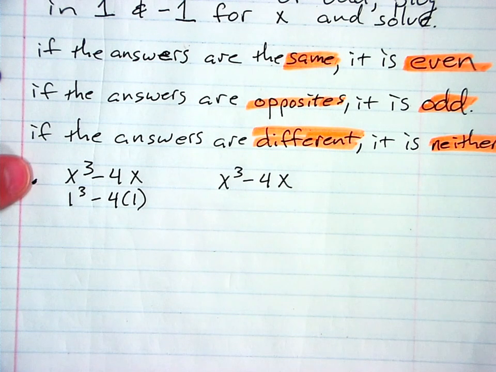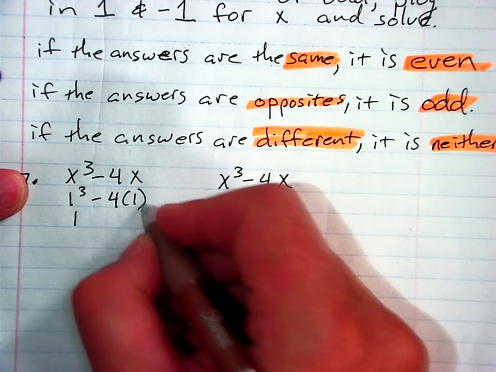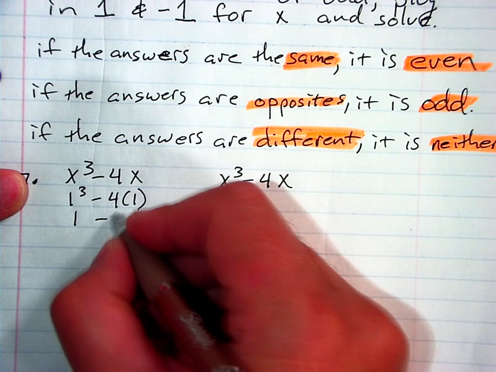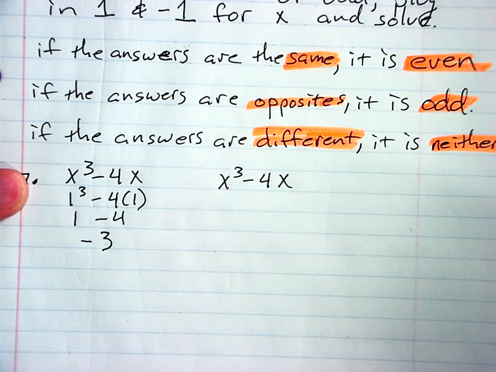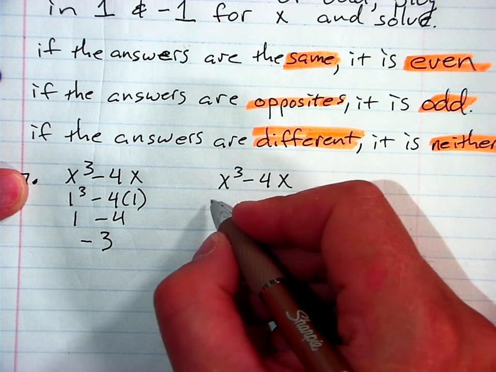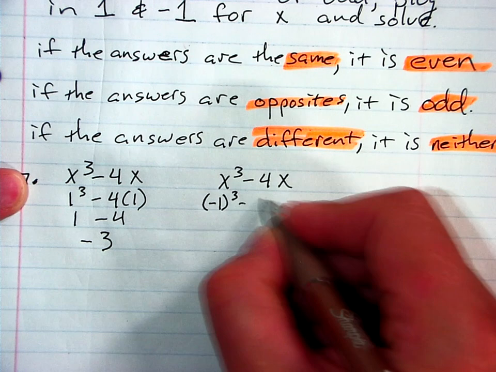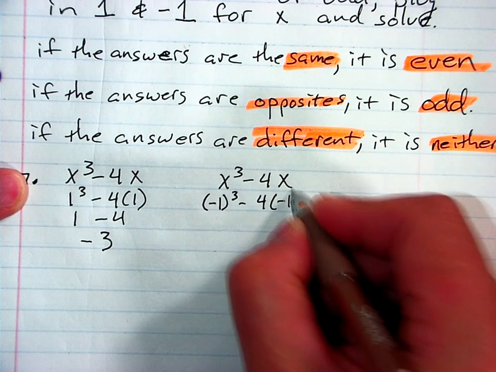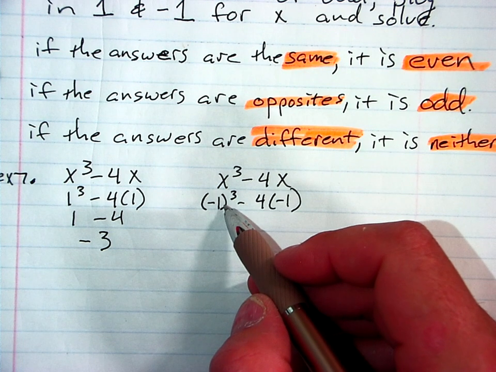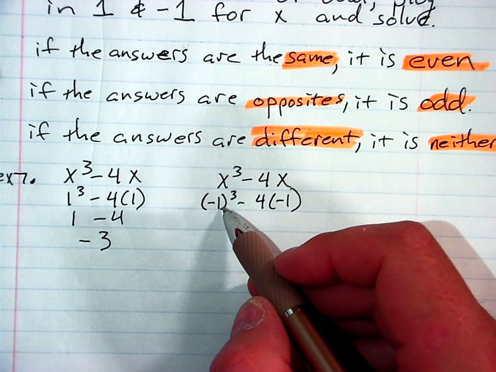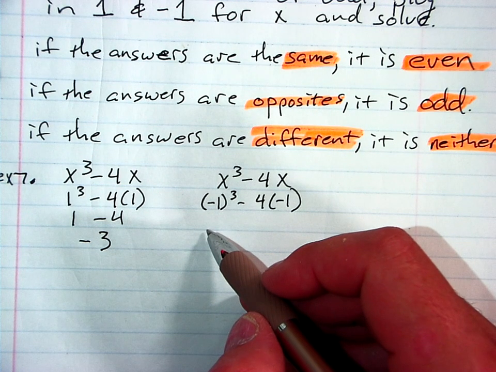All right, let's do some advanced math. What's 1 times 1 times 1? 1. -4 times 1? 1 minus 4 is? Perfect. Now we're going to plug in -1. Negative 1 times negative 1 is positive 1 times negative 1 is negative 1. You are just giving me the answer. You are a step ahead.